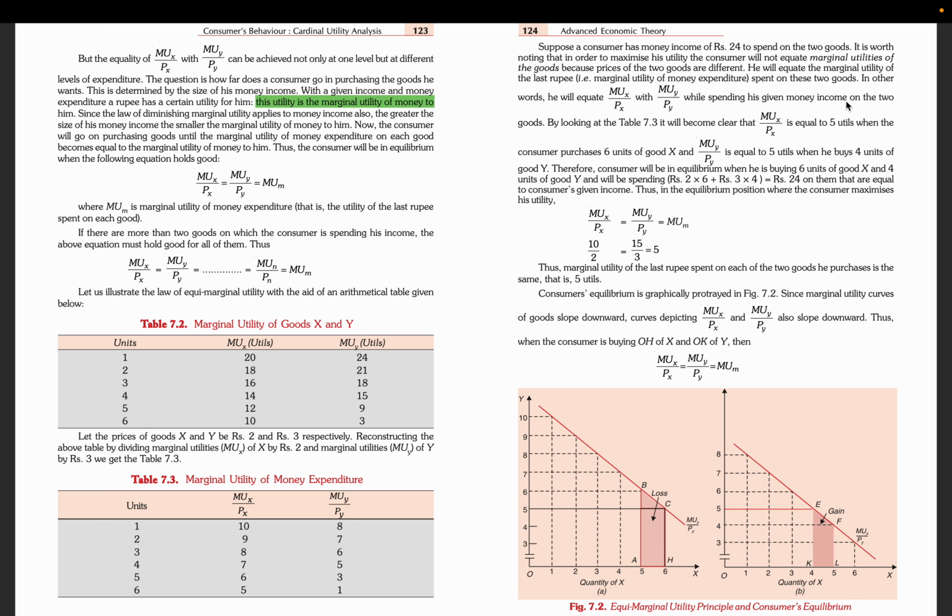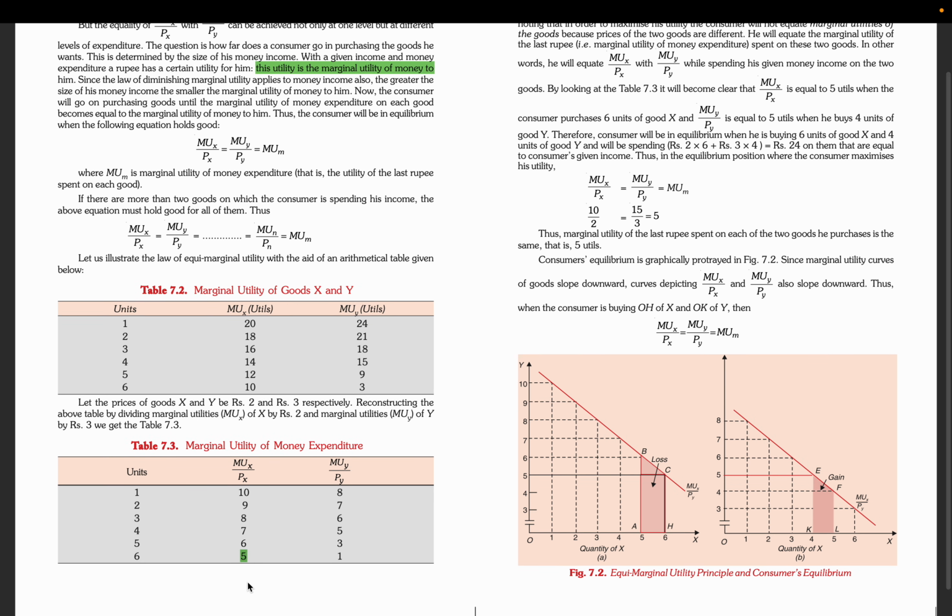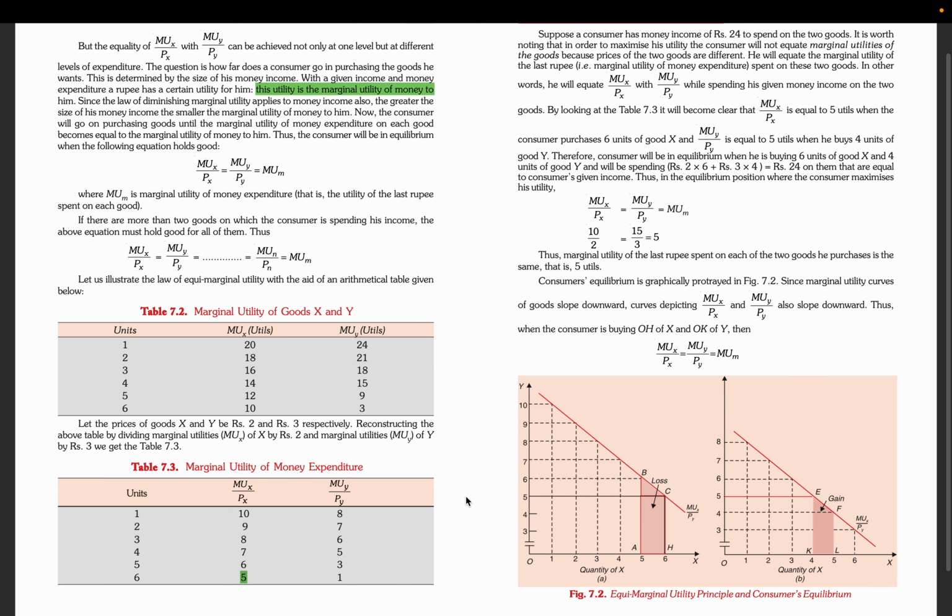By looking at table 7.3, it will become clear that MUX by PX is equal to 5 utils when the consumer purchases 6 units of good X, and MUY by PY is equal to 5 utils when he buys 4 units of good Y, because we want to equate both of them.